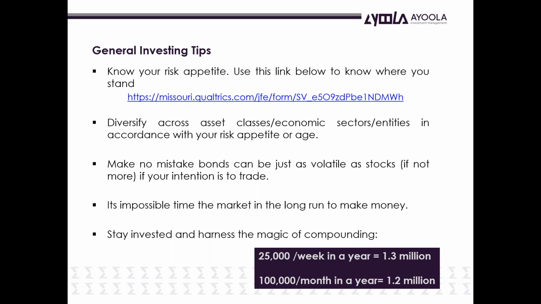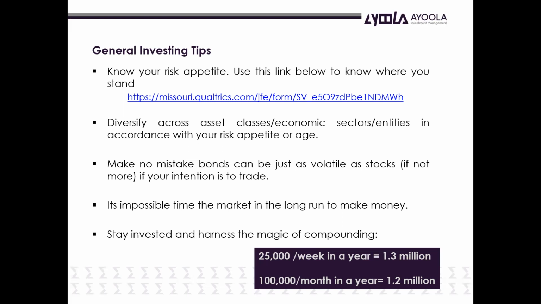And you should diversify across asset classes, economic sectors, entities. And for some people, they go as far as investing in another country altogether. So they have a very diverse holding in their portfolio. And all this has to be in accordance with your risk appetite or age.